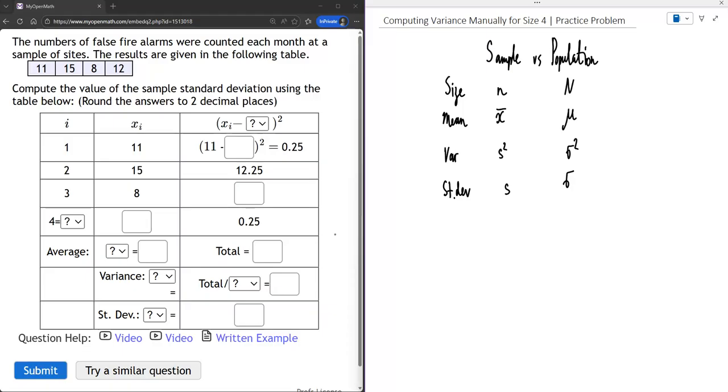That's the first thing we need to understand. So when we have a question like this, we need to choose proper notation, and it comes as a bundle. You don't mix and match. So in this case, if we're looking for the sample standard deviation that we're computing from the sample of sites, then we're going to be using the lowercase n here, x bar here, x bar here.